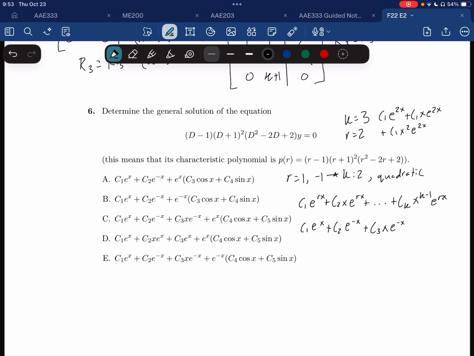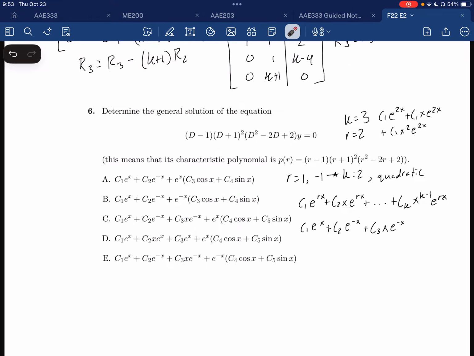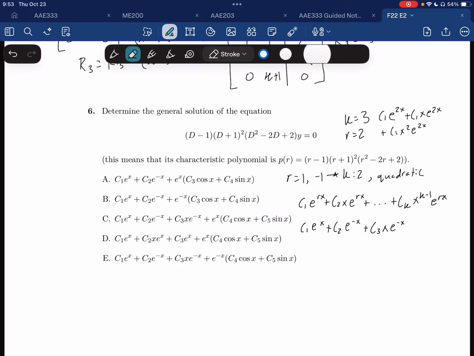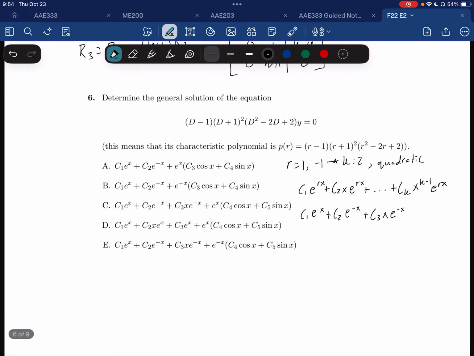And I would stop here. Why? Because k is 3, so my highest power of x has to be k minus 1, which is 2, and I have that x squared here already. So a little example to hopefully show you how many times you have to multiply your terms by x to get an independent solution. But we're not done because we have this quadratic sitting right here.